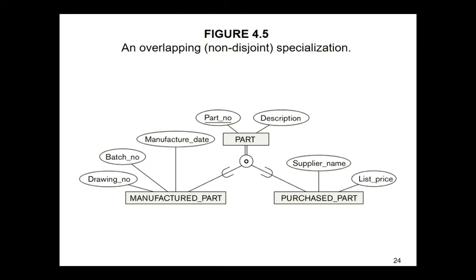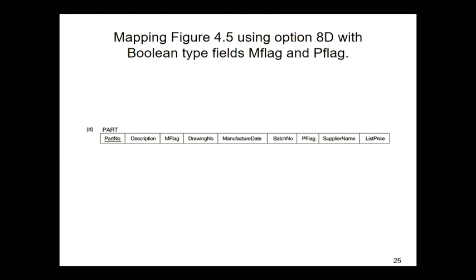So before I can design this, there's a whole separate piece behind it: what's the methodology you're using to access this data? I can have the same structure. I'm going to have a part database where I have the description, and I have flags to say whether it's a manufactured part or a purchased part, so I have one or both of those indicators, and then specific things associated with those.